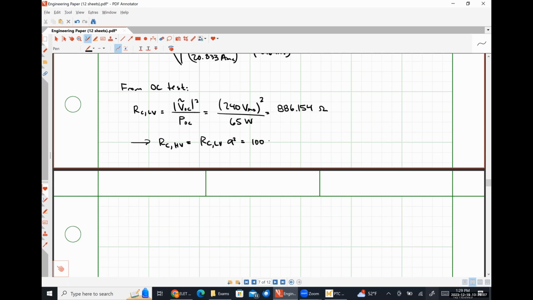So that's just going to be 100 times 886.154, so 88.615 kilo ohms. Just move the decimal place over.